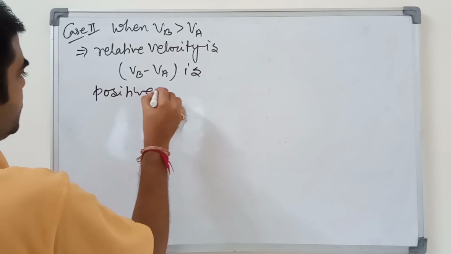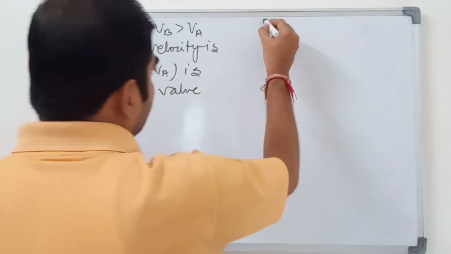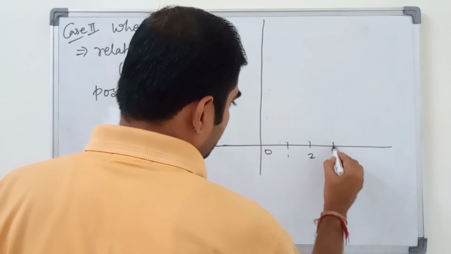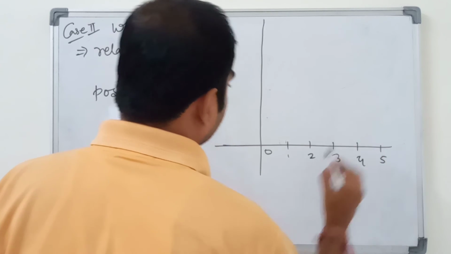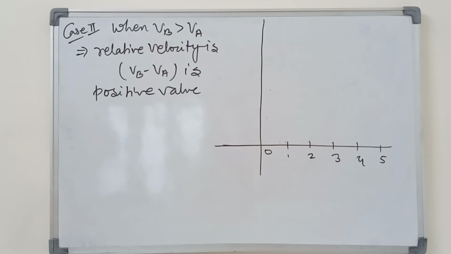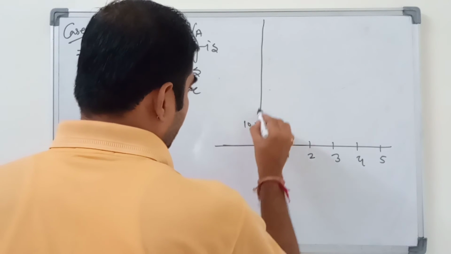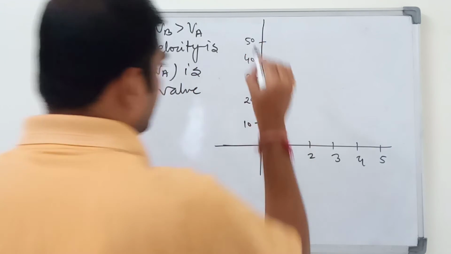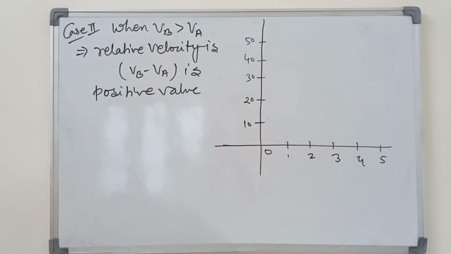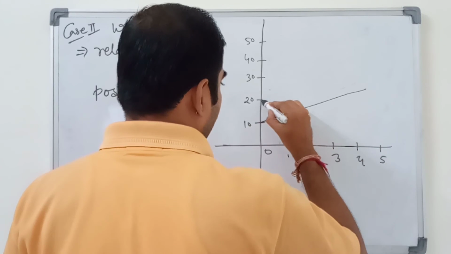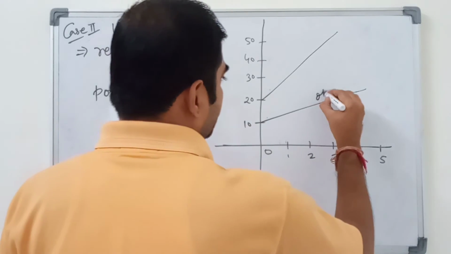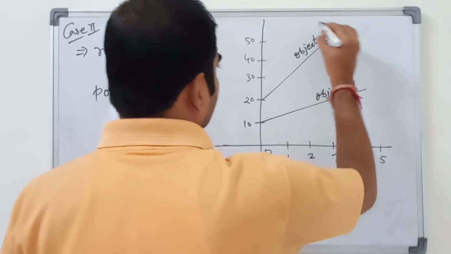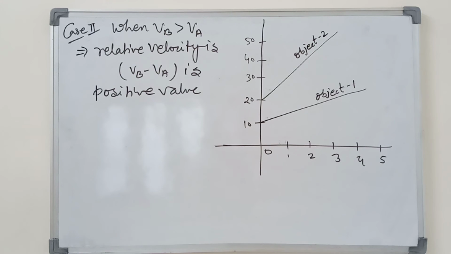Plotting the graph with time 0, 1, 2, 3, 4 and 5, and position 10, 20, 30, 40, 50, we have object A here and object B here, object 1 and object 2. Both are positive values.